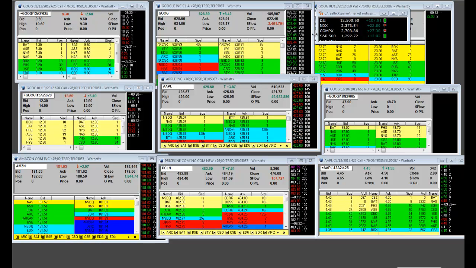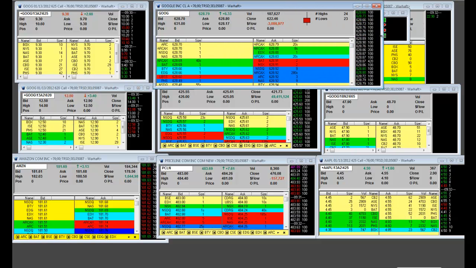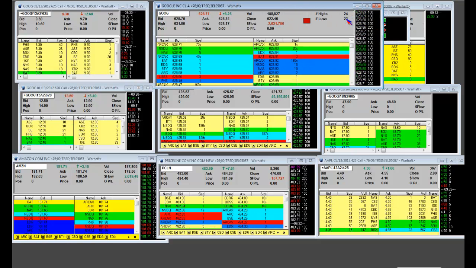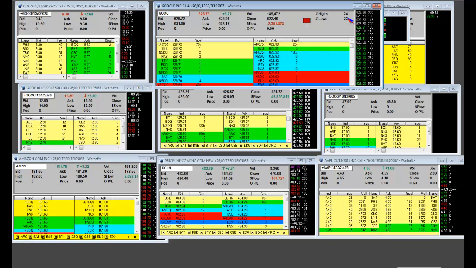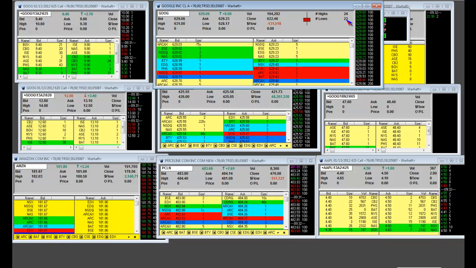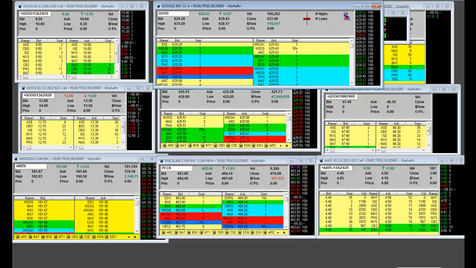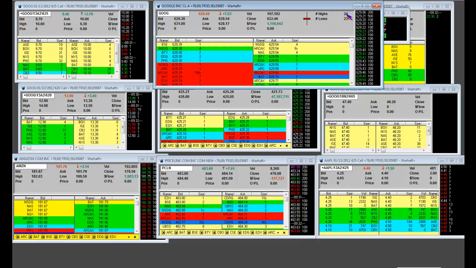And what we're looking for is a number of highs from the gap. And there's only 24, 23, and Google is equally weighted between the lows and the highs of the first 2 minute opening bell.